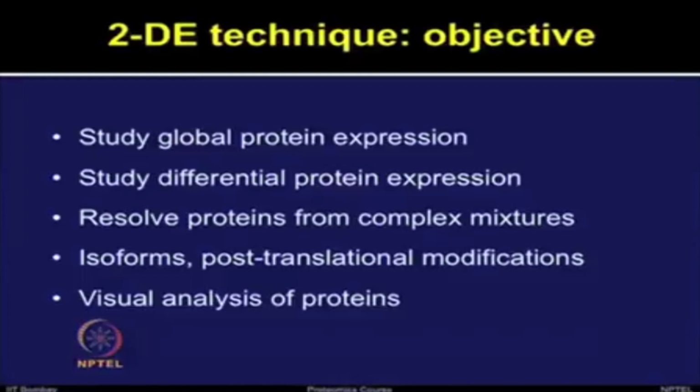If you do not have information about all of the proteins which could be present in your sample mixture, then first of all one needs to create that fingerprint or blueprint of all the proteins and use that by the process known as global protein expression.